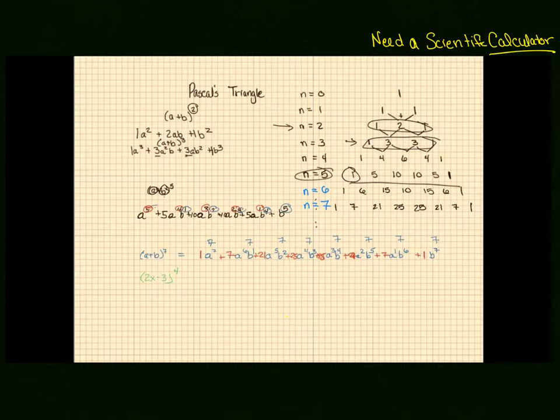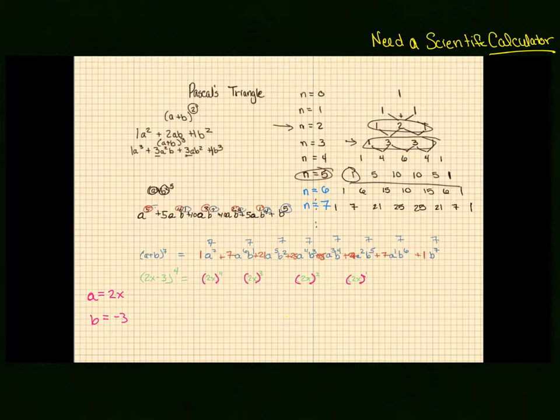So 2x is my a value. First I've got (2x) to the fourth, then (2x) to the third. Notice that I'm putting it in parentheses so I remind myself that I'm not just raising x to the exponent, but I'm also raising the 2 to the exponent. Then I have (2x) squared and (2x) to the first, and then I'm done with 2x.